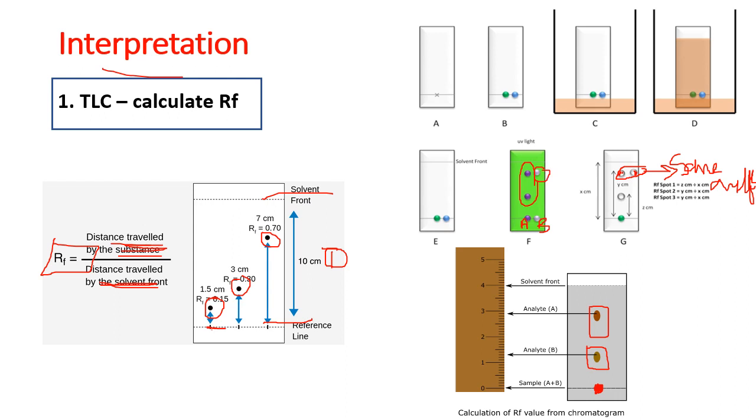So this is the first interpretation. The second interpretation, since I have two analytes having the same RF in A and B, then A and B would have the same analyte in both of them. So this would be your interpretation.